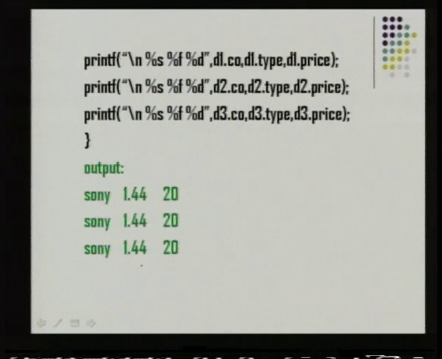From D2 to D3 also the values have been copied. So it is very much easier to copy the values of the members of the structure from one structure variable to another. Here again we see the dot operator's importance. Everywhere we access a member we use the dot operator and the structure variable. So this is how we normally program using the structure concept in C.